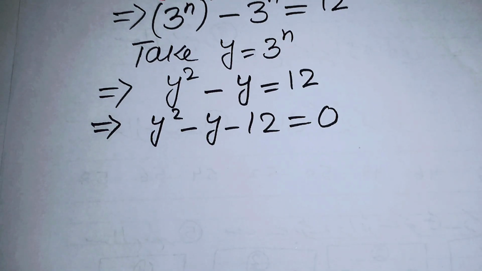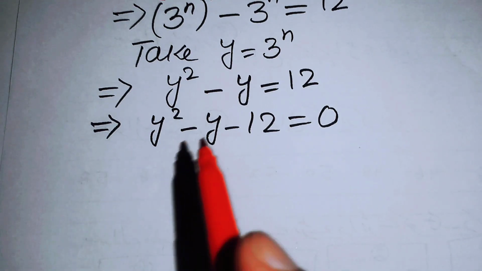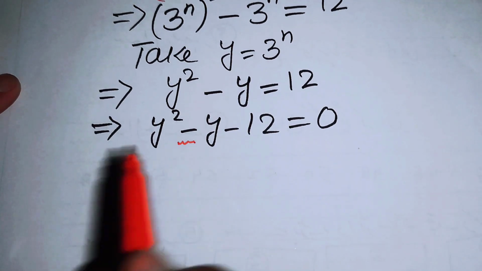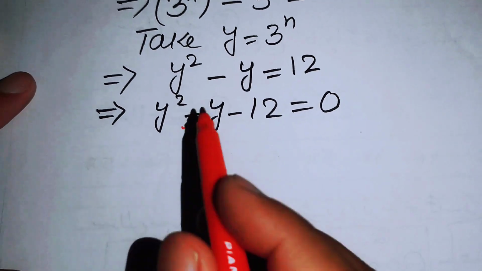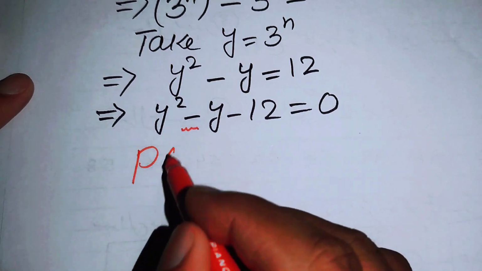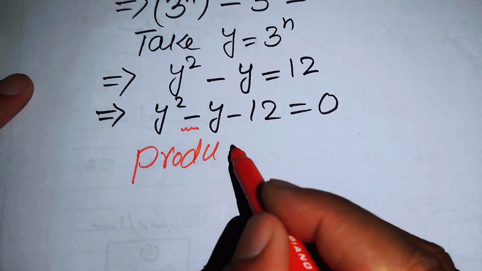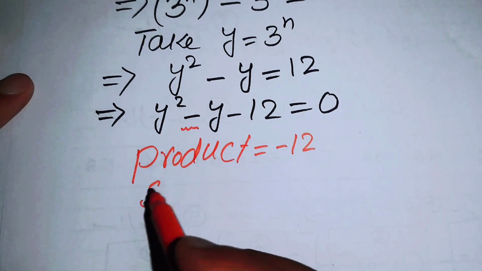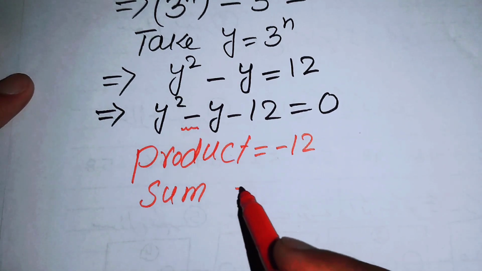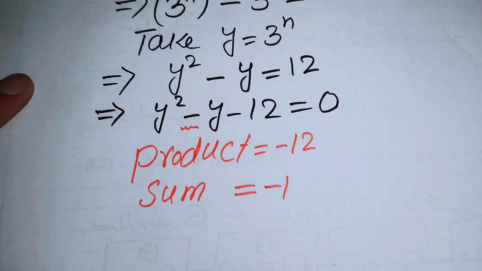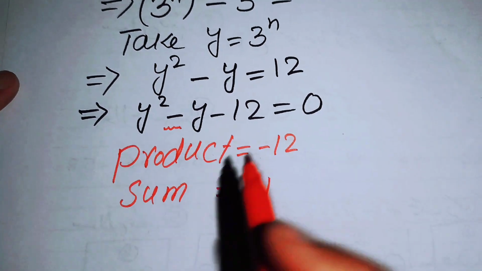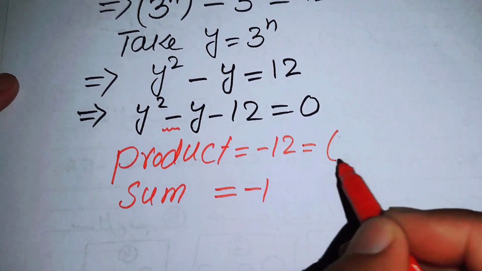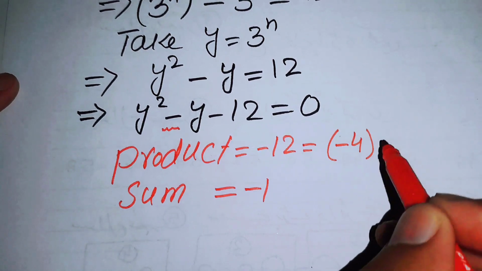So here you see that we have minus 12 and this is minus 1, so we need any two numbers whose product is minus 12 and whose sum is minus 1, so these two numbers are minus 4 and plus 3.